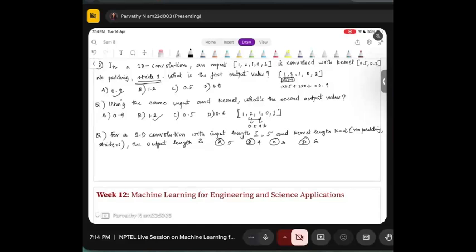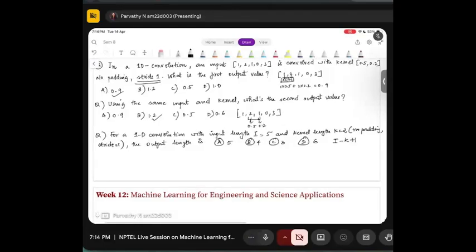So the output length is given by the input length minus the kernel length plus 1, which is 5 minus 2 plus 1. So that is 4.